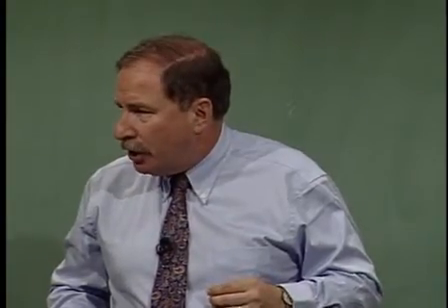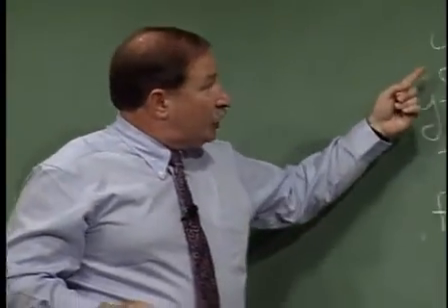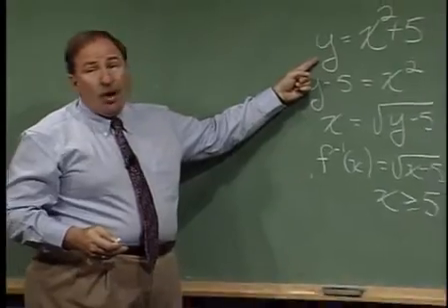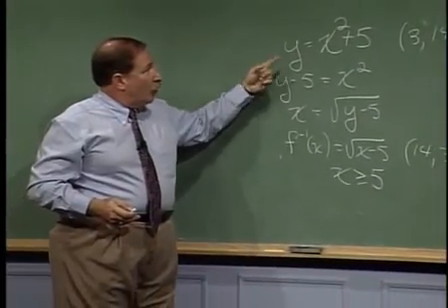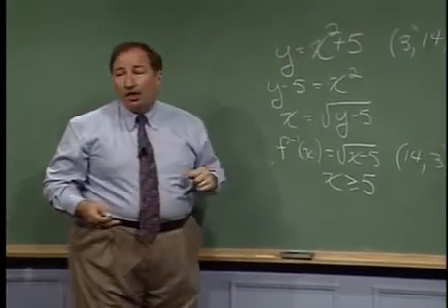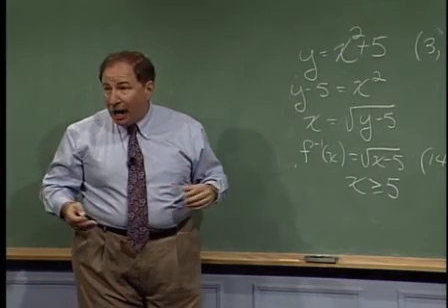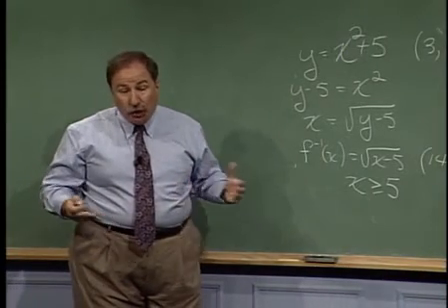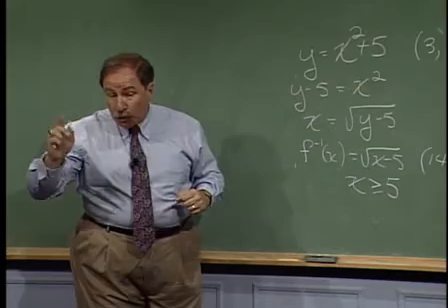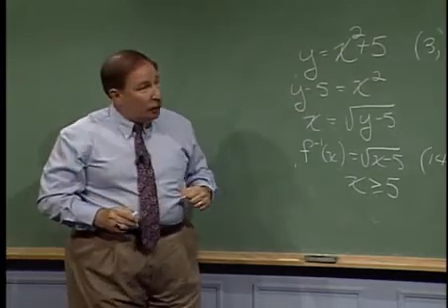Well, what kind of function is it is the next question. For example, this is a quadratic function. Quadratic means it contains a squared, and the highest power it contains is a square. So this is called a quadratic function, which we'll talk about momentarily.